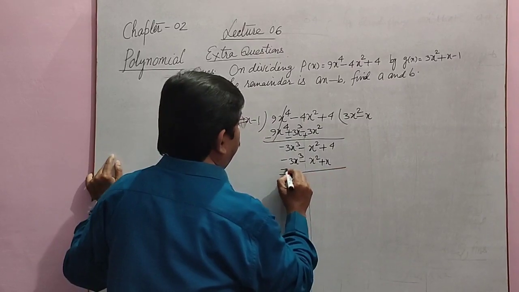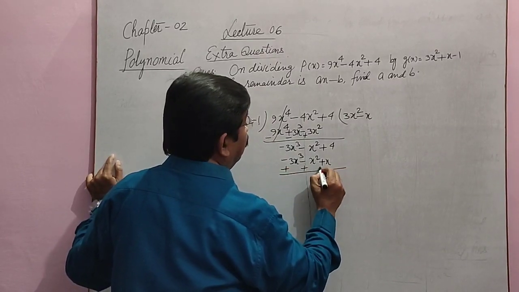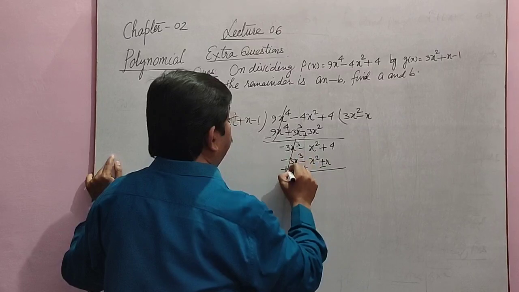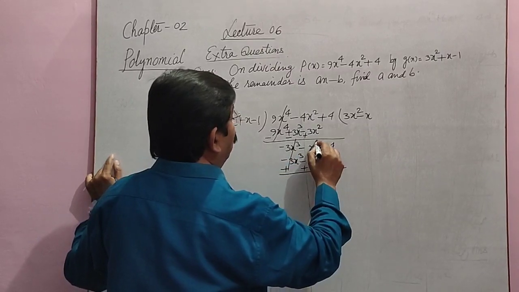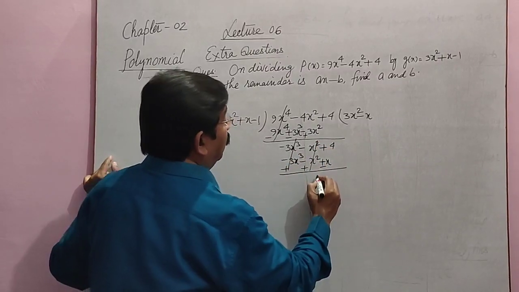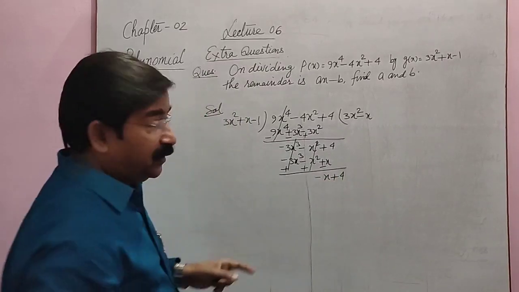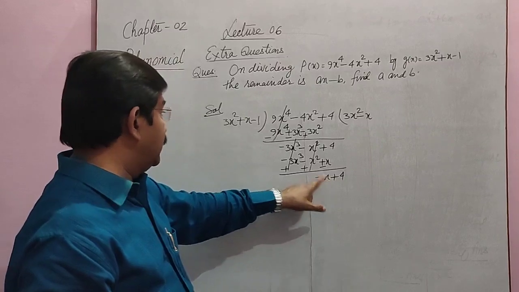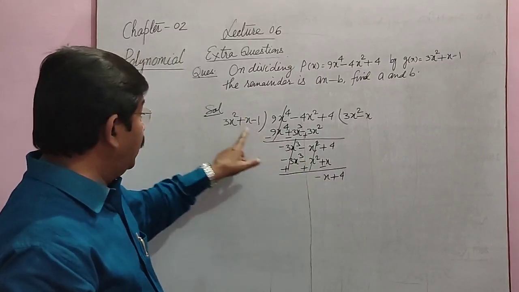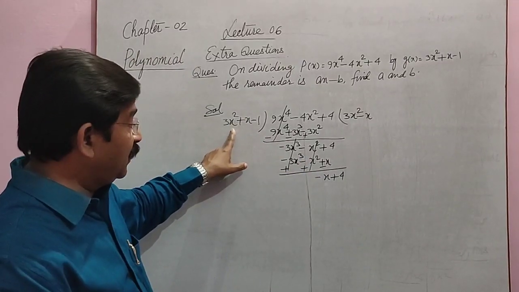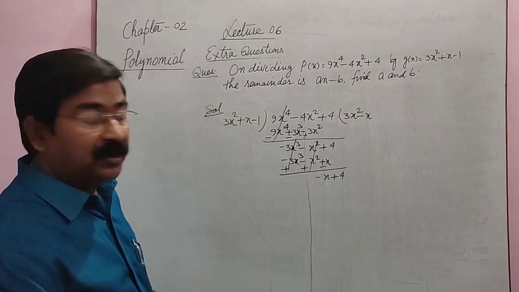So we have plus, plus and minus. This will go and this will go both. What is left? Minus x plus 4. Now degree of remainder is less than degree of divisor, so we cannot proceed further.